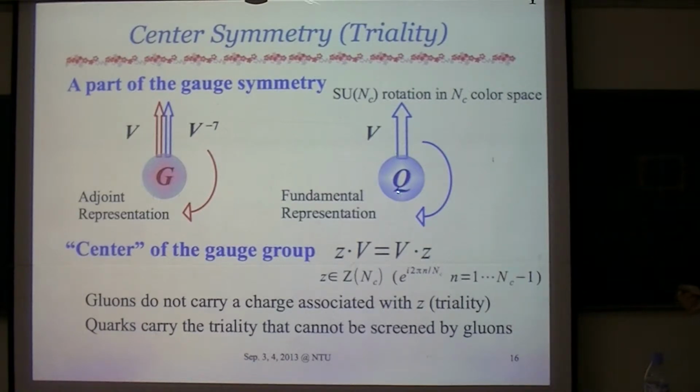But for quarks, of course, even the center can non-trivially affect the quark, because there is only one V here. There is no V inverse. So the gluon is completely insensitive to the transformation belonging to the center group. And this is actually the center symmetry.